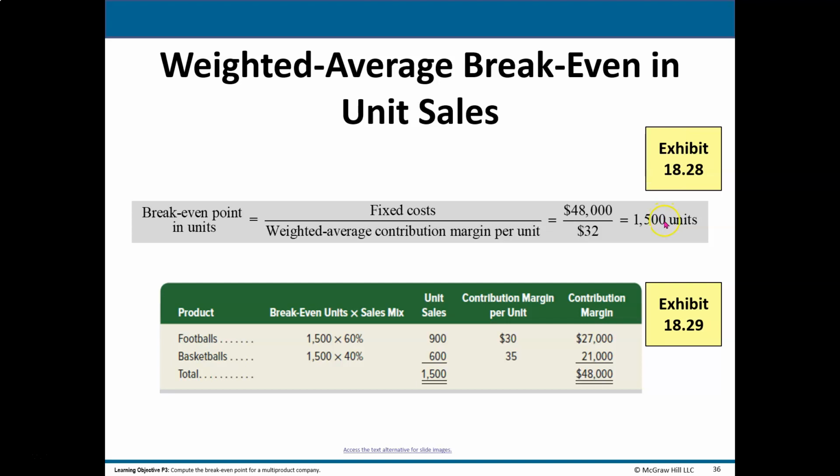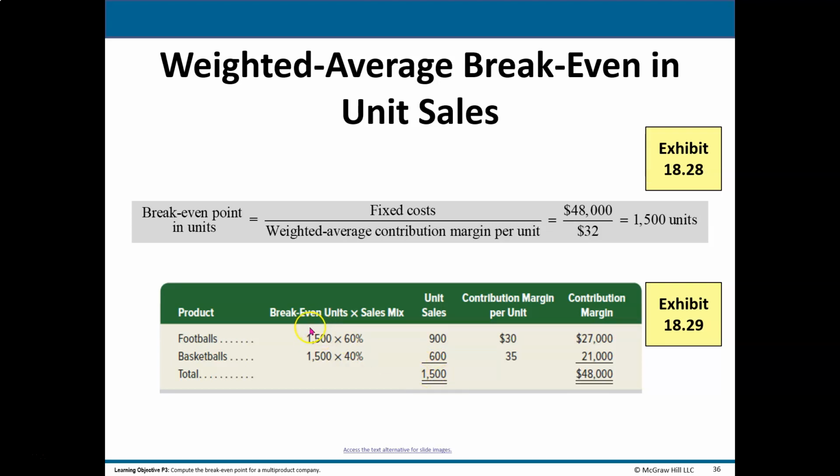Now that I know how many units total between both footballs and basketballs need to be sold to break even, I can break out my proportionality here. 60% football means I need to sell 900 footballs and 600 basketballs in order to break even.